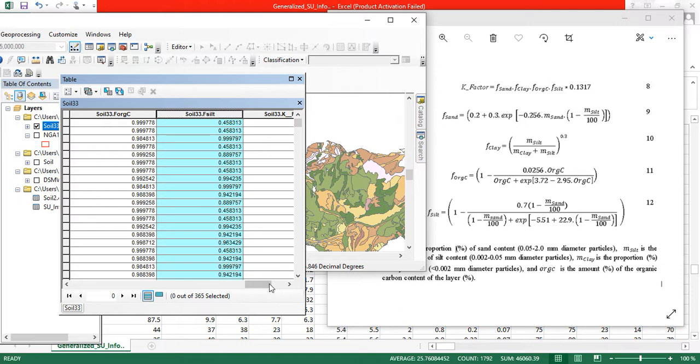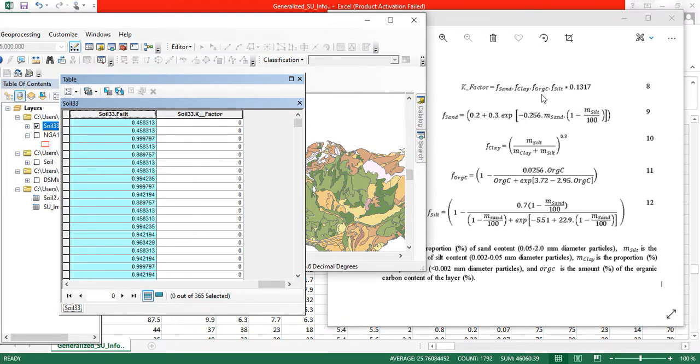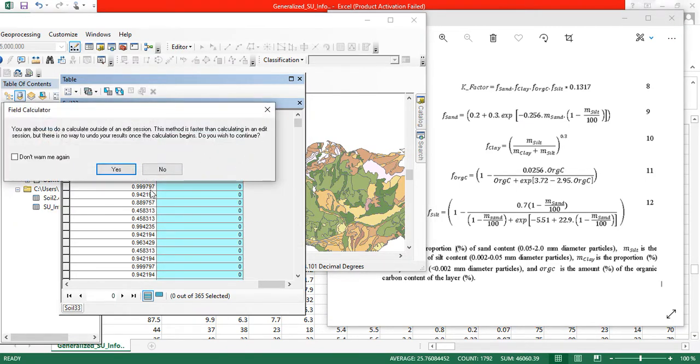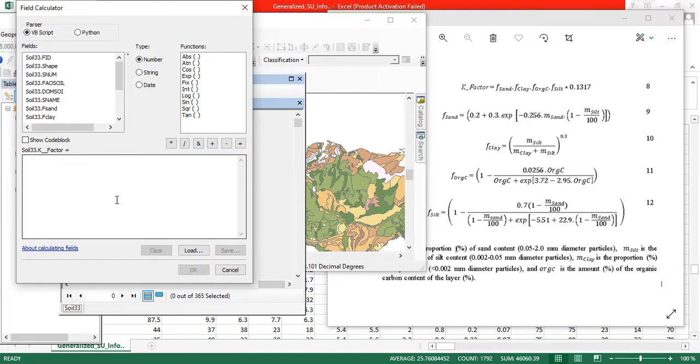Now we have the formula for the K factor, which is K equals to, going to our field calculator, K is equals to F sand, which is what we have calculated, multiplied by F clay multiplied by F organic multiplied by F silt multiplied by 0.1317.